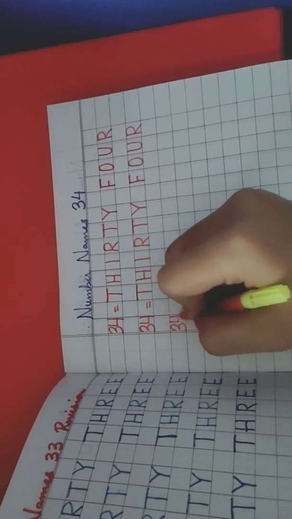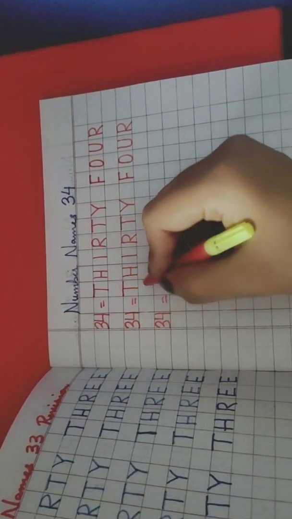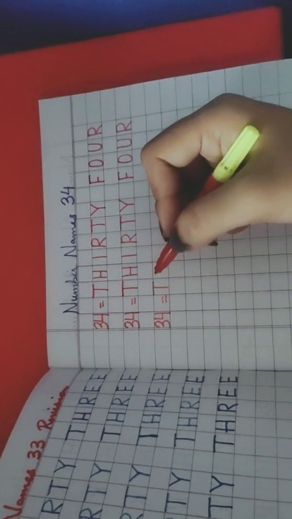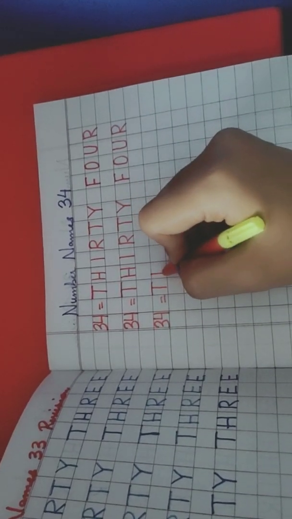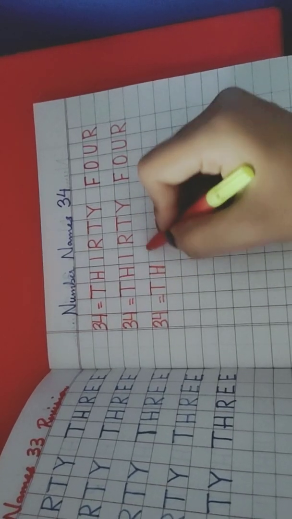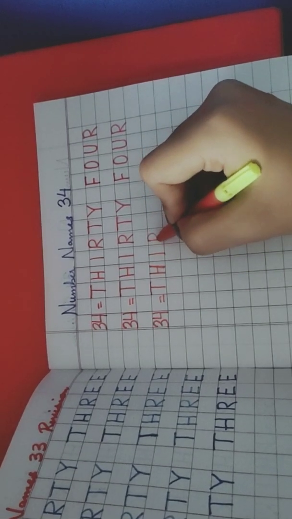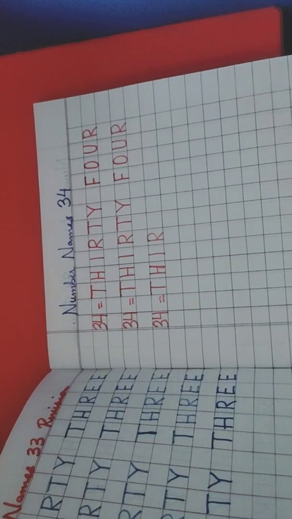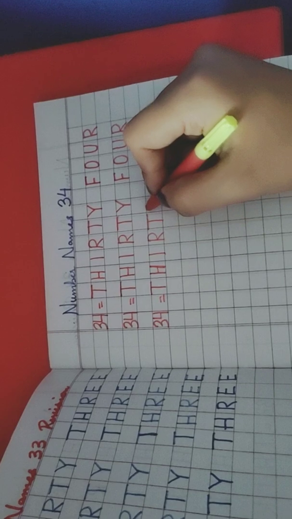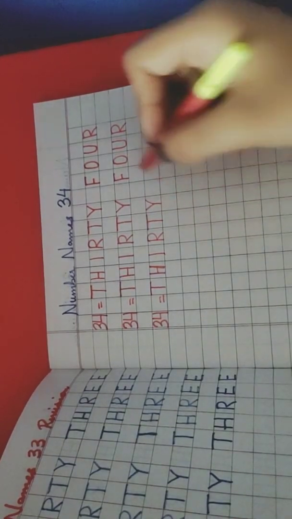3, 4, 34. Spell out the spelling. T, H, I, R, T, Y. 30.